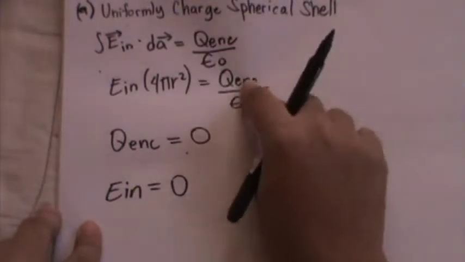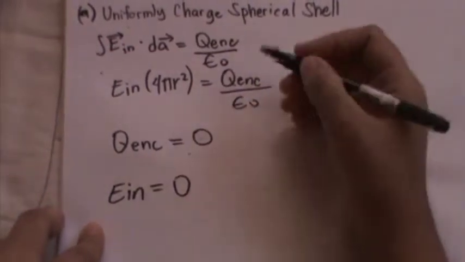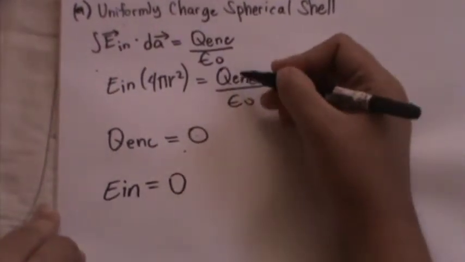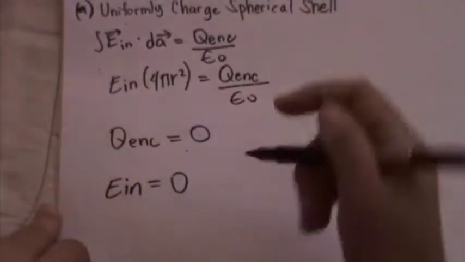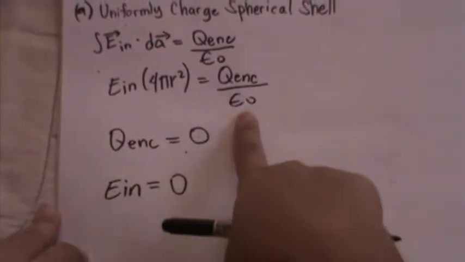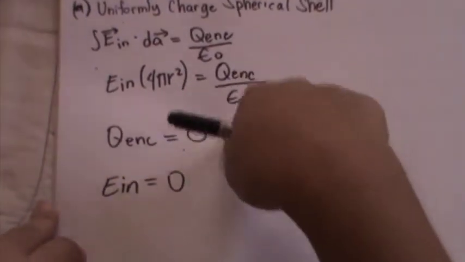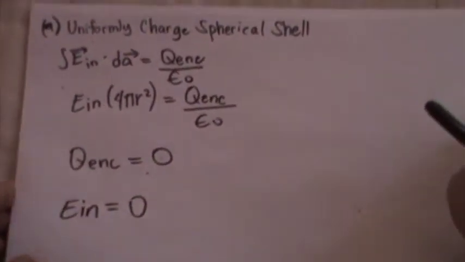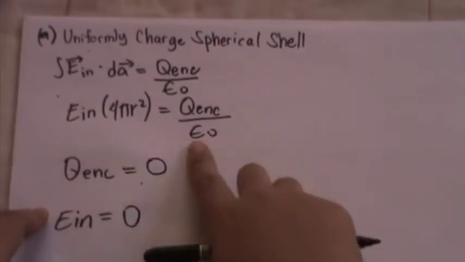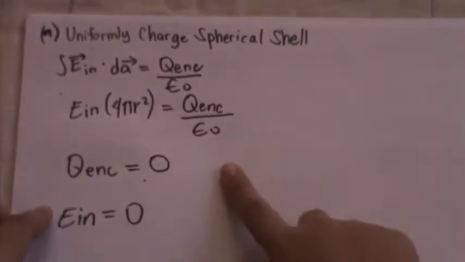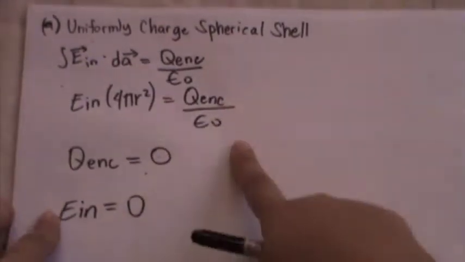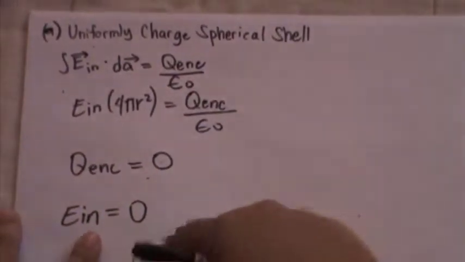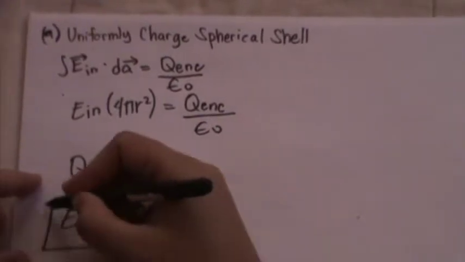If we substitute 0 here, you end up with 0. If we cross multiply, 4 pi will go downward, multiplied by epsilon naught, and if 4 pi epsilon naught r squared is multiplied by this value 0, your electric field inside will become 0.